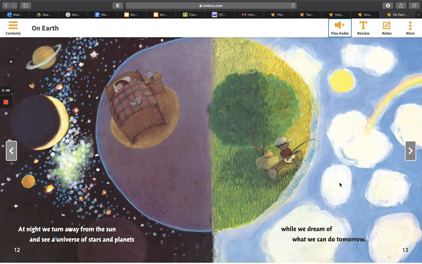Okay, so I want you to go back to what we learned in science last week. We know that when the Earth faces the sun, it's daytime. And when the Earth is away from the sun, it's nighttime. And we see that in our picture. So this side of the Earth is away from the sun, so it's night there. But this side is facing the sun, so it's daytime.